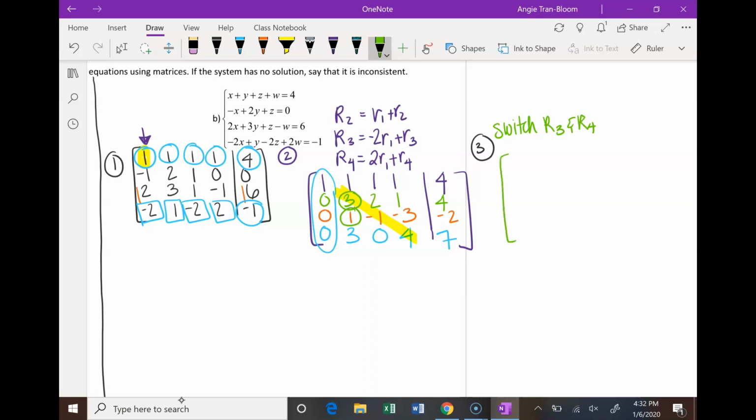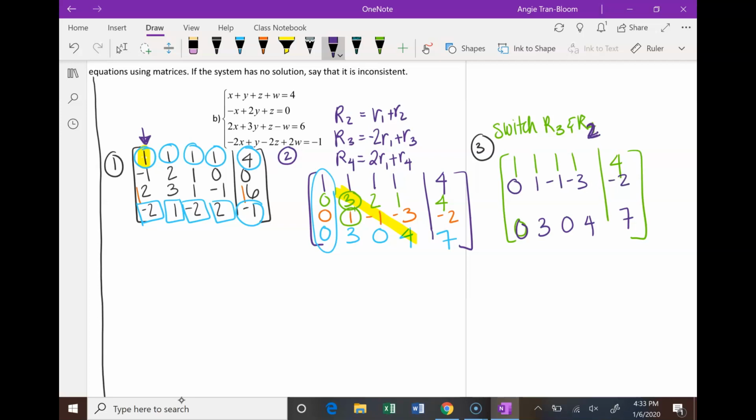So we are going to write row 1 over: 1, 1, 1, 1 equals 4. Did I say row 3 and row 4? I'm sorry, row 3 and row 2. Row 2 is 0, 3, 0, 4, 7. So row 3 is now row 2: 0, 1, -1, -3, -2.